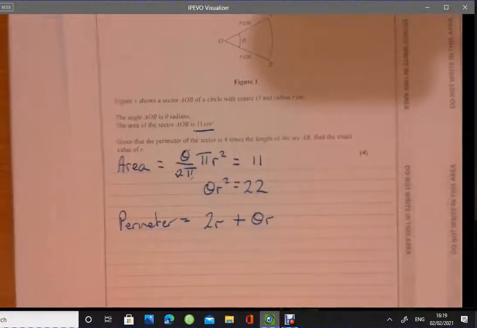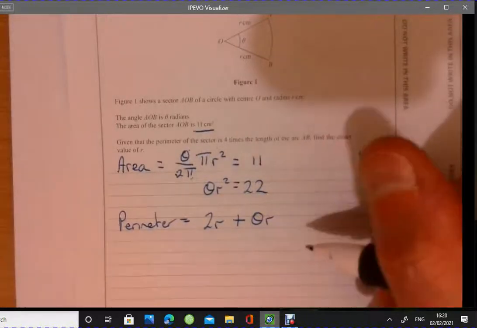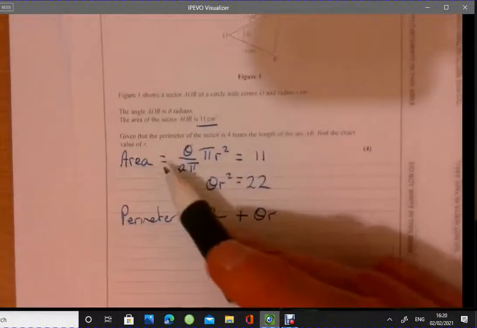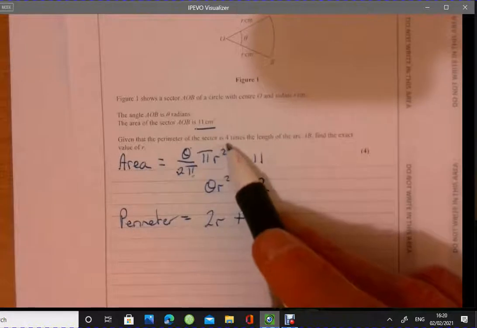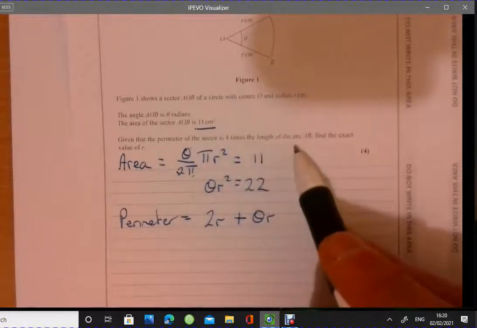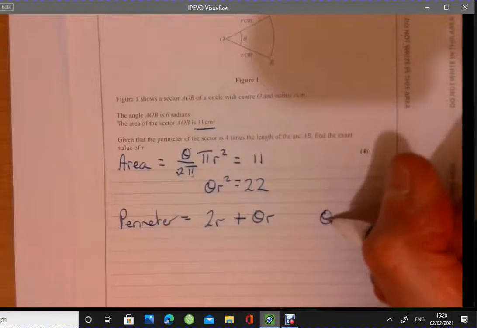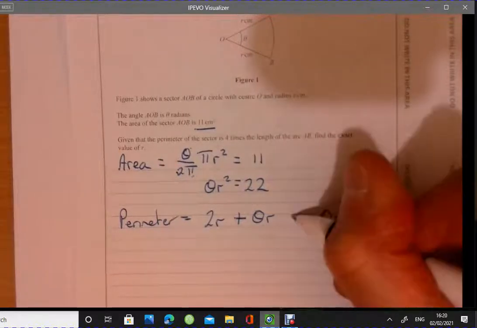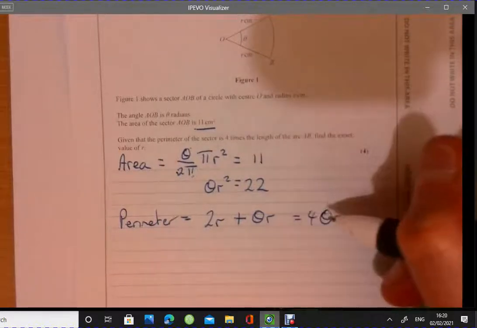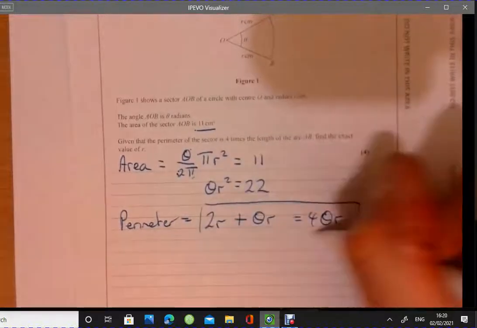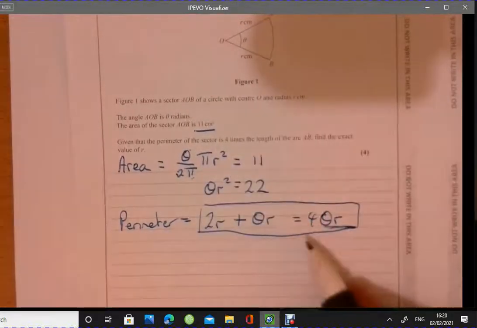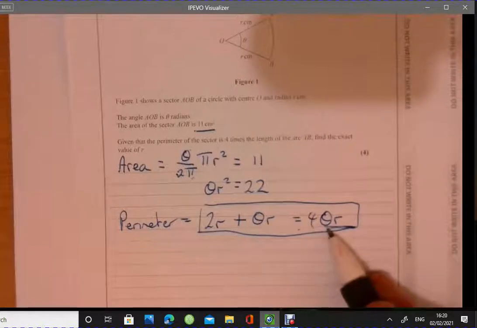And it mentions that the perimeter is 4 times the length of the arc. Well, the arc we just said is theta r. So therefore we can say that the perimeter is equal to 4 times the arc.